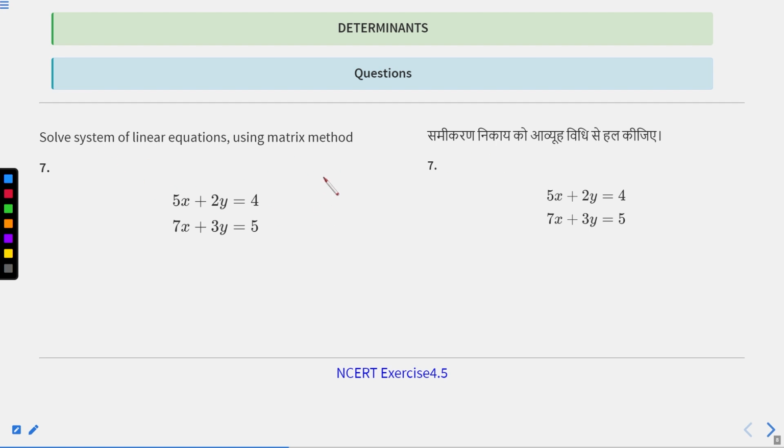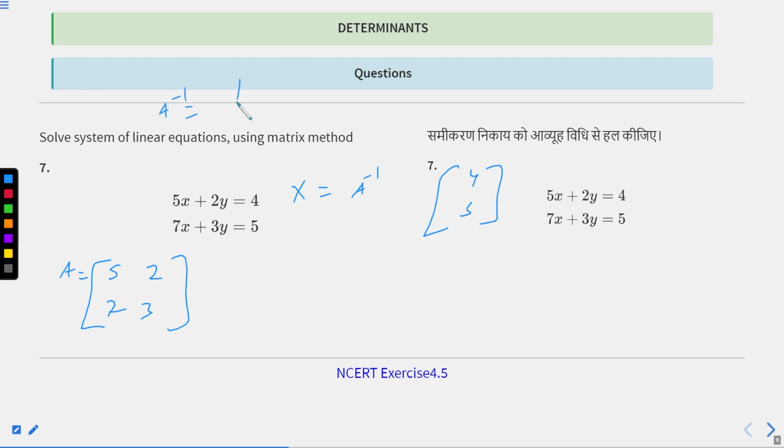This we have to solve using matrix method. First of all, your coefficient matrix A will be 2 5 2 7 3. Now you all know X will be A inverse B, where B is 4 by 5.